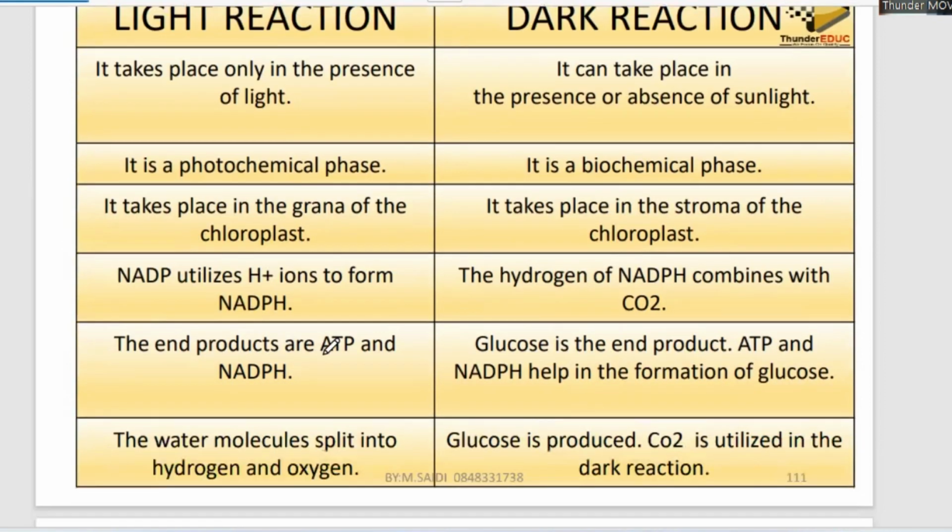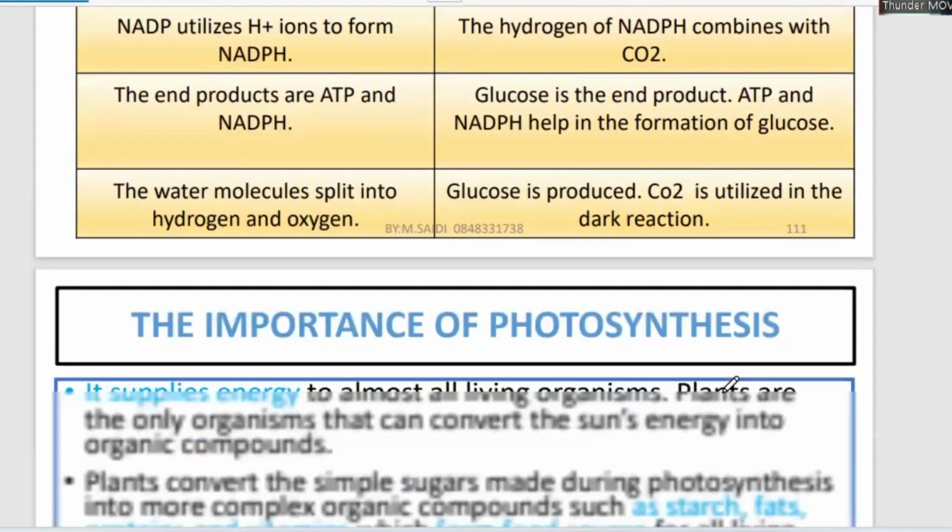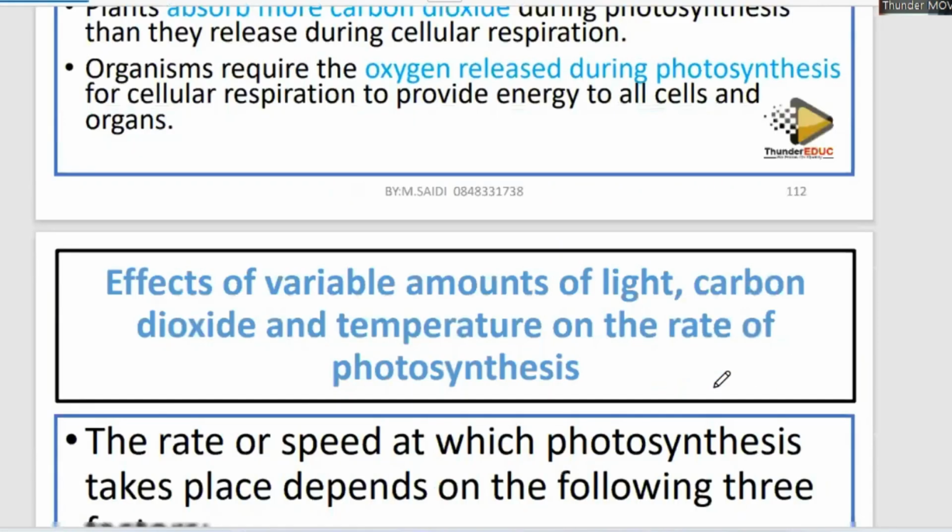Here, the end products are ATP and NADPH, while on the other side NADP and ATP are being used, meaning that the end product will be glucose. Here, water will split, and hydrogen and oxygen are released, while here glucose is produced. Carbon dioxide is utilized in the dark phase.